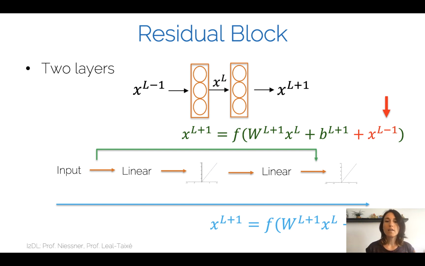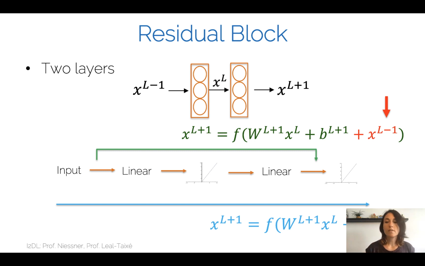So if anything goes wrong inside these 2 layers, we will always have this shortcut, this skip connection, that allows us to skip all of these operations and have the same output that we had before these 2 layers already set here after these 2 computational blocks.